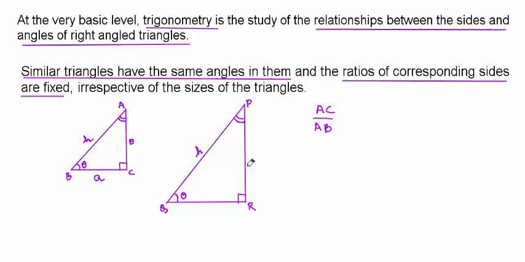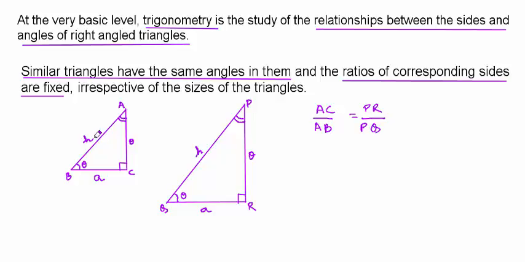Same thing with this triangle. This is the opposite side to the angle theta and this is the adjacent side to the angle theta. So on the two triangles, AC, the opposite over the hypotenuse, is equal to PR over PQ.